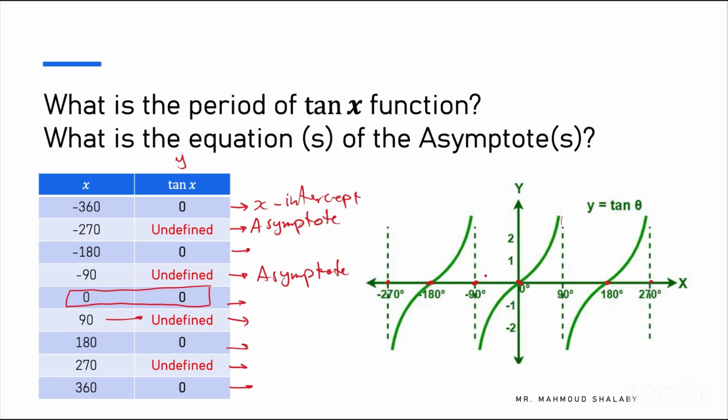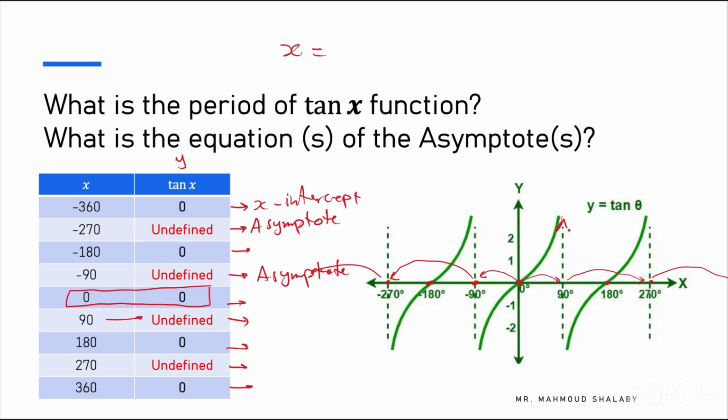Which means the asymptotes will start from, let's say I start from 0. I will leave 90 and draw an asymptote, then it will be repeated every 180, every 180, and the same from the left side. 90 from here, then every 180 we will have another asymptote. So the equation of the asymptotes, as this is a vertical line, will be x equals, right?